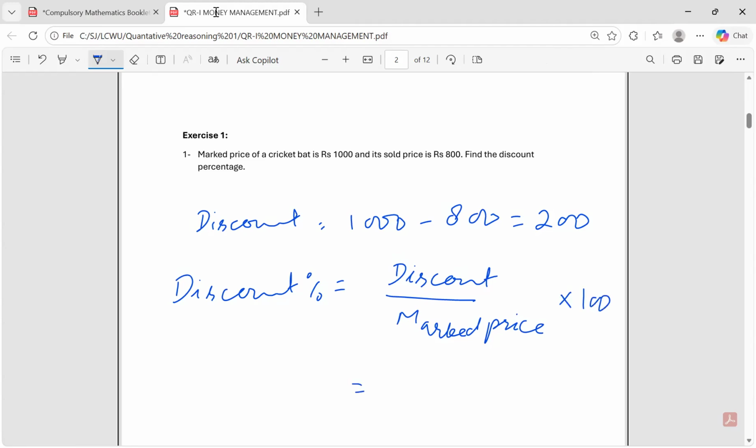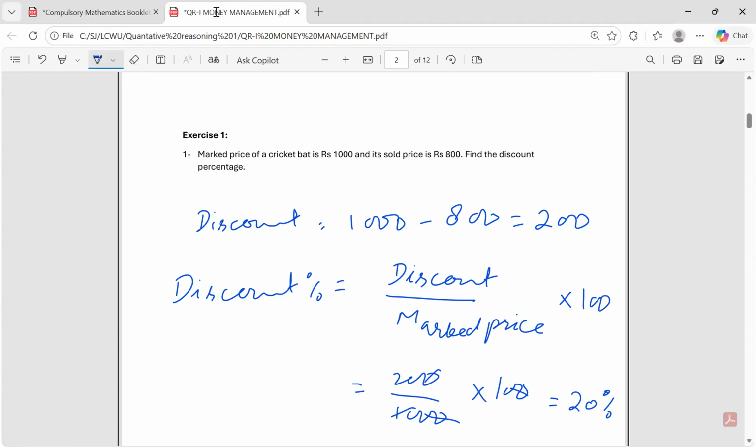So discount is 200 rupees, mark price is 1,000, and we multiply by 100 for the percentage. Now if you simplify it, you will see that your discount is 20%. Okay, so that's all for this question.